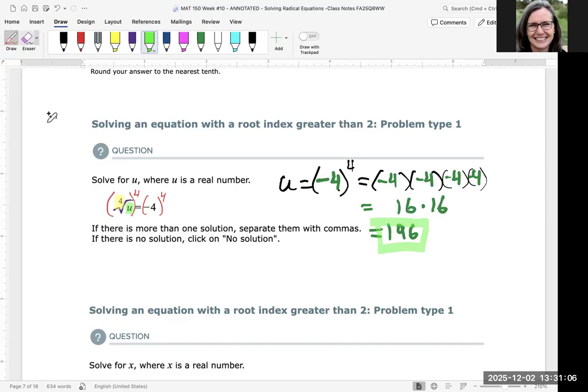Is that true or false? Is the 4th root of 256 going to equal a -4?